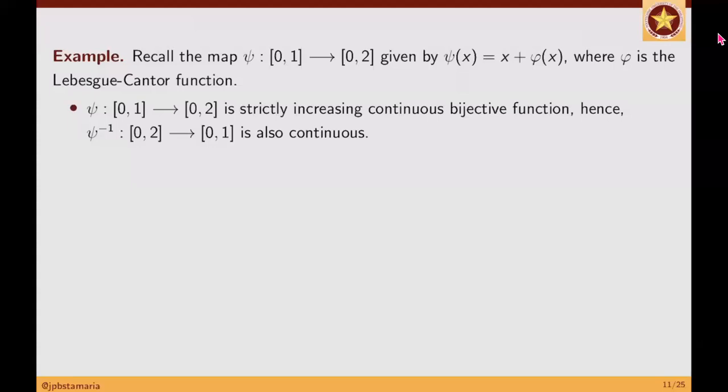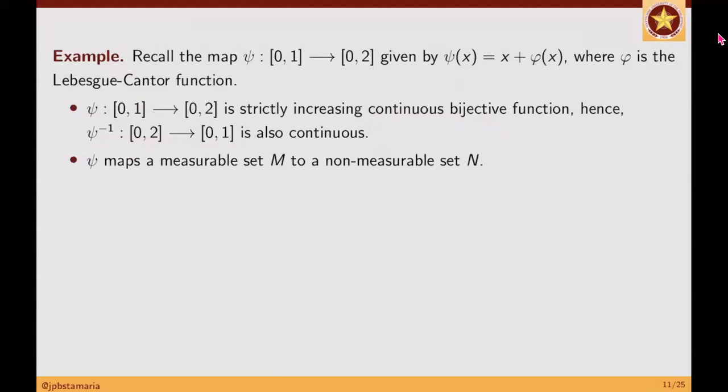Ang maganda dito, dahil siya ay continuous and bijective, yung inverse niya will also be continuous and bijective. Ito yung inverse niya. Dahil continuous, yung inverse niya is also Borel measurable, hence Lebesgue measurable.